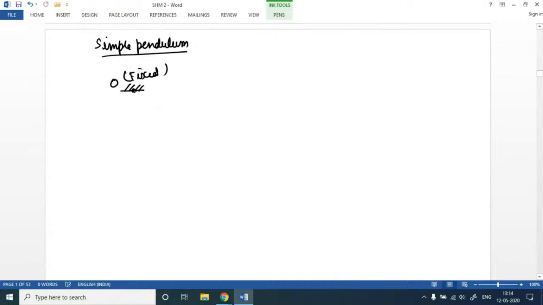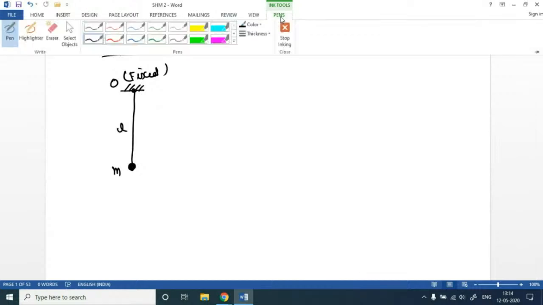And from this fixed point, through an inextensible massless string, we have suspended a bob of mass m, and the string length is L. Okay, so right now you can see this bob is in stable equilibrium position. Mg is acting downward, tension is acting upward, and Mg is equal to T. So that is in stable equilibrium position.